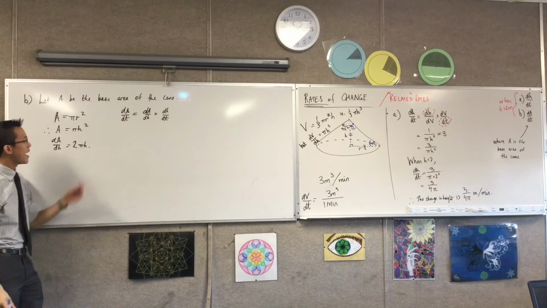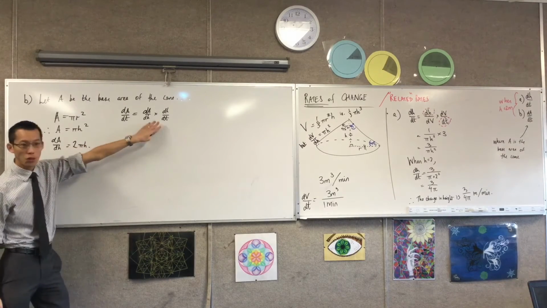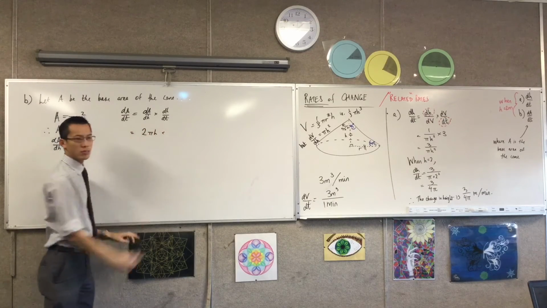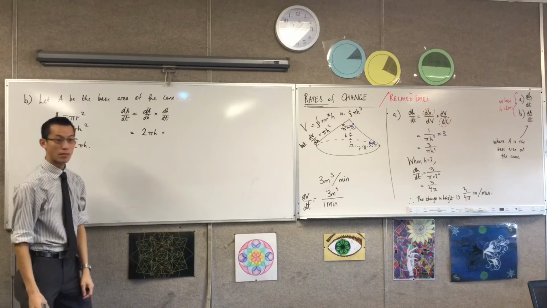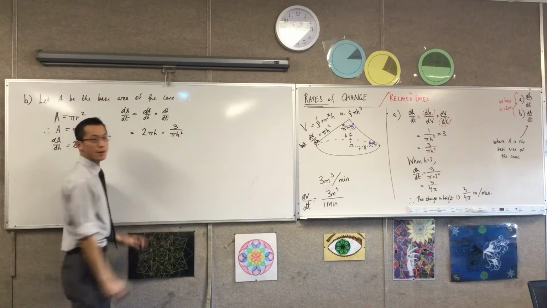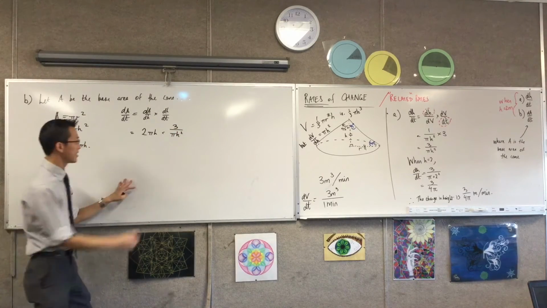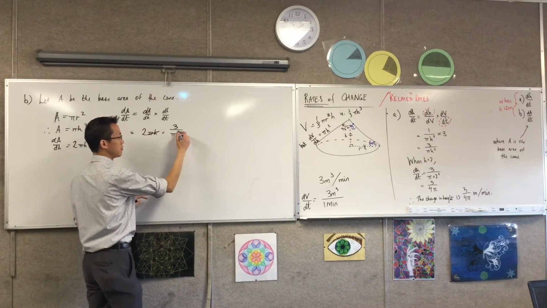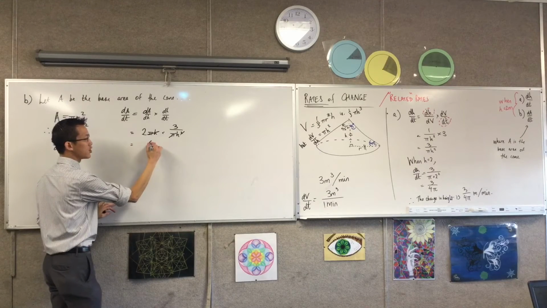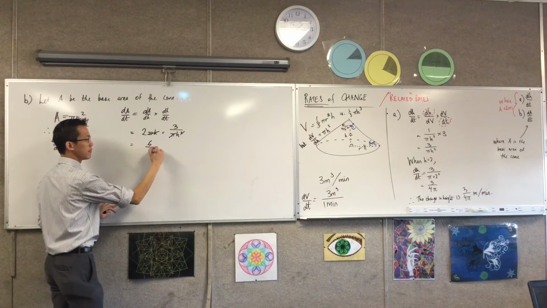Now I've got all the pieces for this, don't I? This is 2 pi h times 3 on pi. And I can see all this lovely cancelling that happens. Cancel, cancel, cancel. So I'm getting 6 over h.